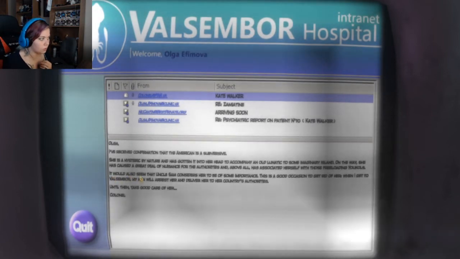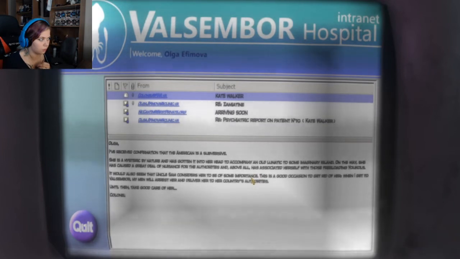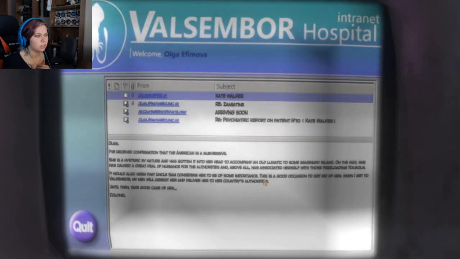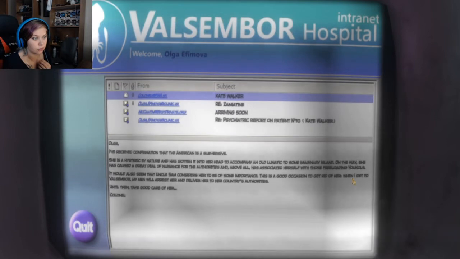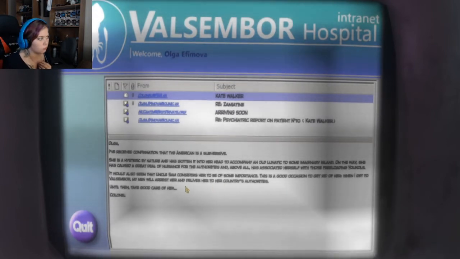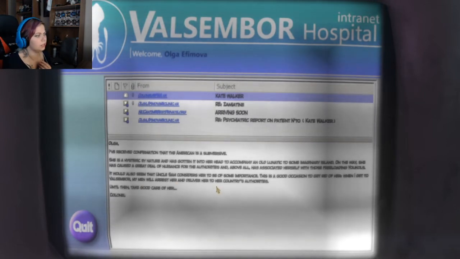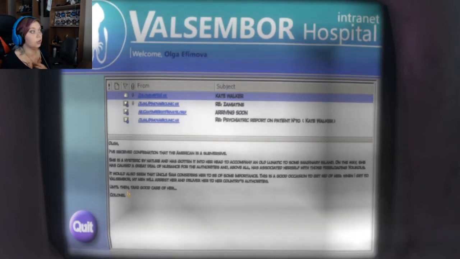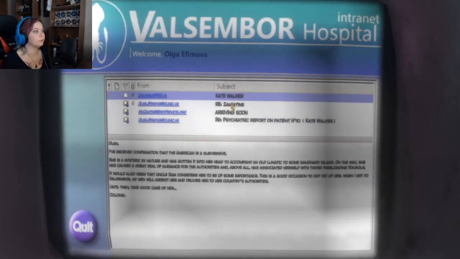It would also seem that Uncle Sam considers her to be of some importance. Uncle Sam? As in, like, America, Uncle Sam? This is a good occasion to get rid of her. When I get to Valsambor, my men will arrest her and deliver her to her country's authorities. Until then, take good care of her. Colonel. No name, just Colonel.